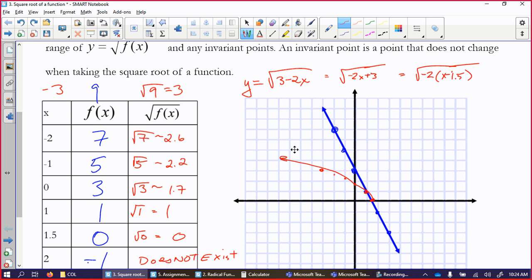It's got a reflection in the y. It's got a stretch of 2, which, because we have that kind of 1.5 over 0.5 up 1, gives us a stretch of 2. So any linear function, if you take the square root of it, you're going to generate some sort of curve like we did yesterday.